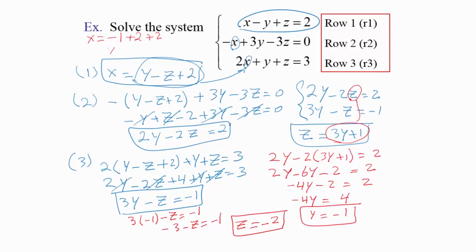Therefore, x would be equal to 3. So the unique solution here would be x of 3, y of minus 1, z of minus 2. Hopefully I did everything correct.